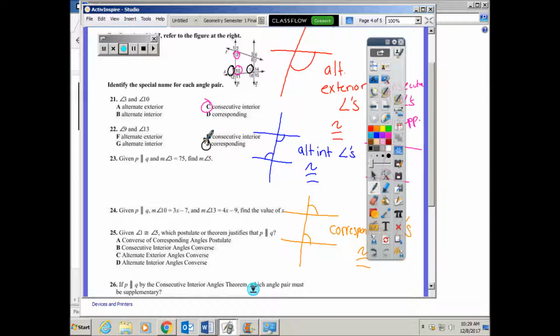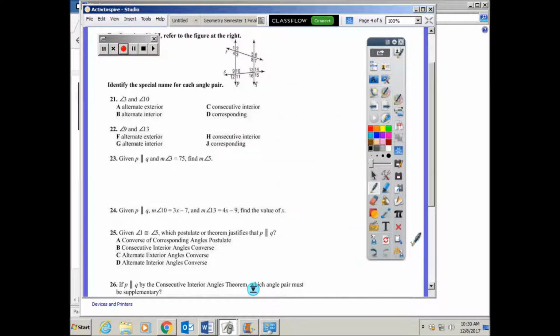Now, again, the relationship about them being congruent or supplementary only applies if the lines are parallel. So, if I tell you, given that P is parallel to Q, and the measure of angle 3 is 75 degrees, find the measure of angle 5.